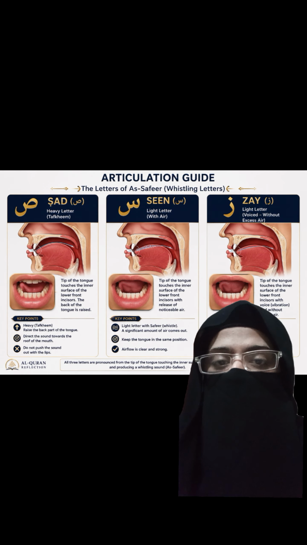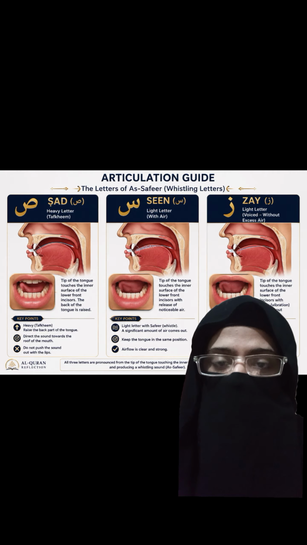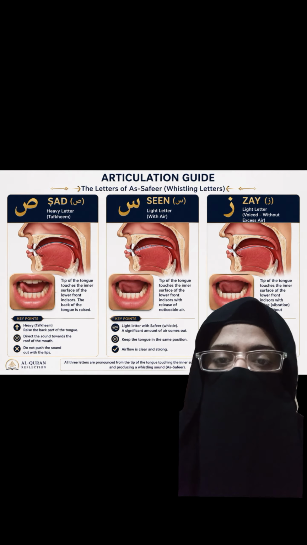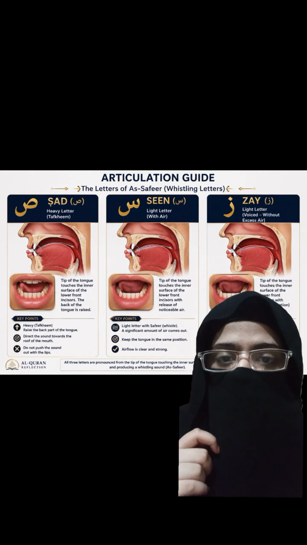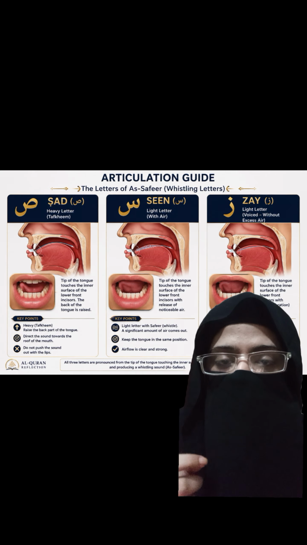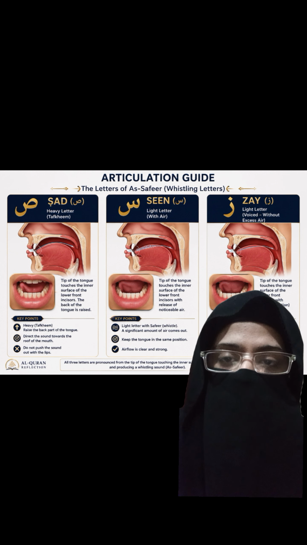Okay, the articulation of the Sod, Sin and Za. You have to see the tip of the tongue. The letters Sod, Sin and Za articulation point: the tip of the tongue, with the tongue position close to the inner surface of the lower front incisor.